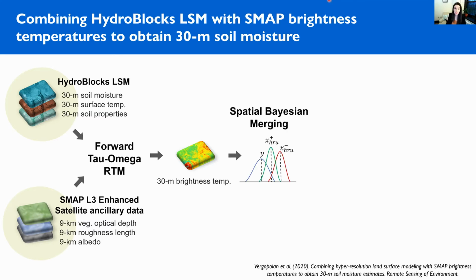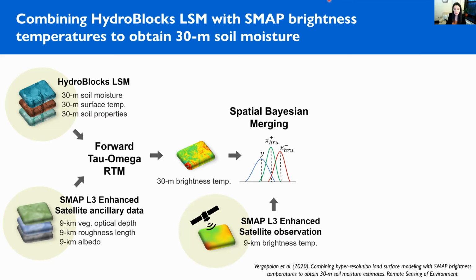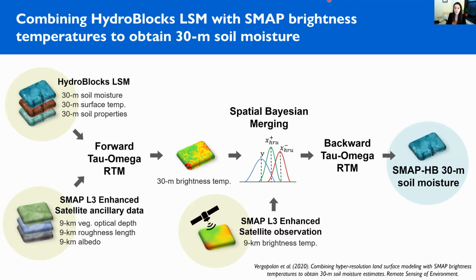Then we merged, using a spatial Bayesian merging scheme, the SMAP observations, which are at coarse scale, to obtain a merged brightness temperature, which is fed back to the backward radiative transfer model to obtain what we call SMAP-HydroBlocks, 30 meter soil moisture estimates across the landscape.